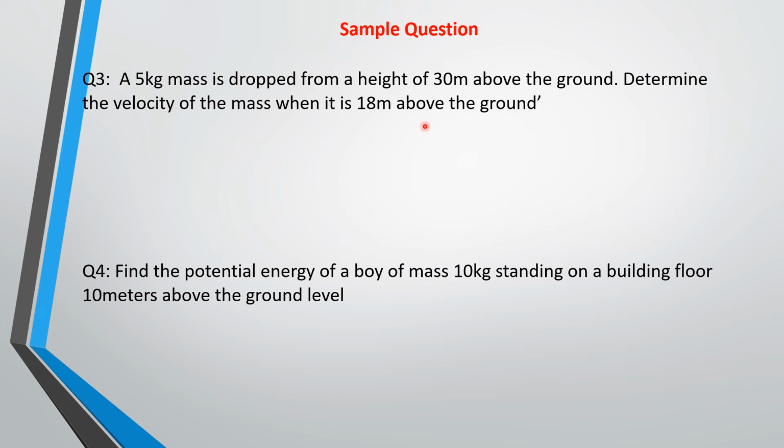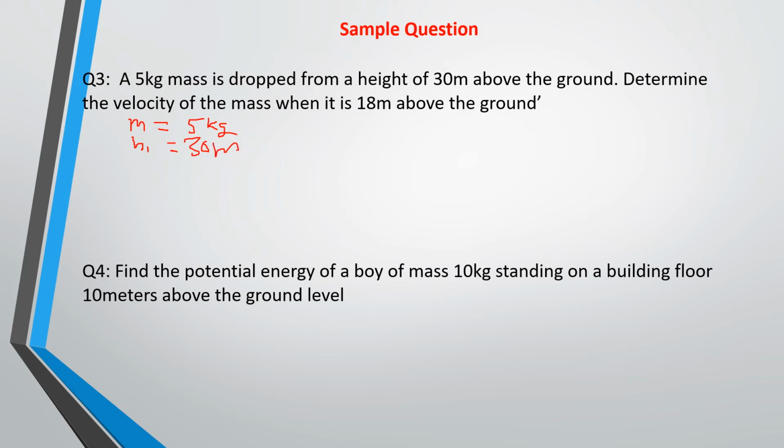Now they are asking you to find the velocity of the mass when it is 18 meters above the ground. You take note that you are given the mass to be equal to 5 kg, and the initial height to be equal to 30 meters.